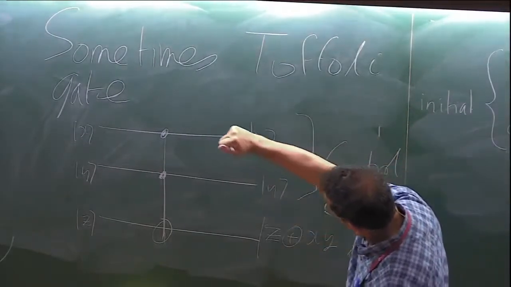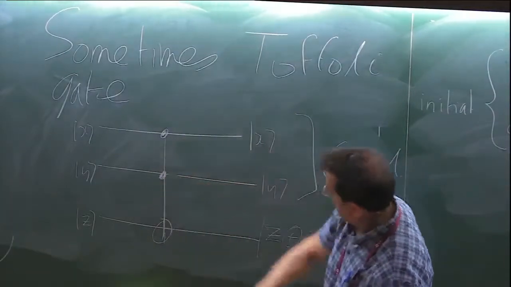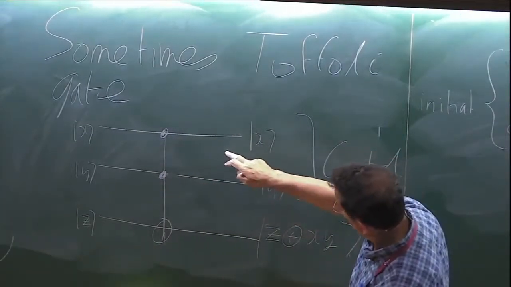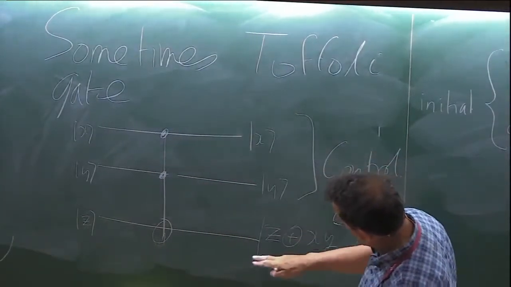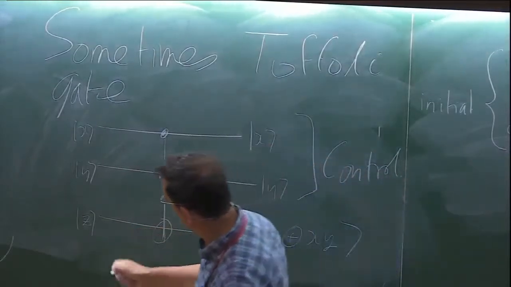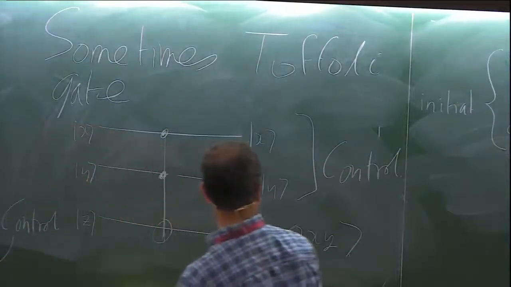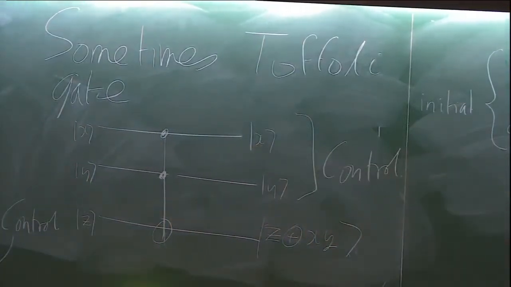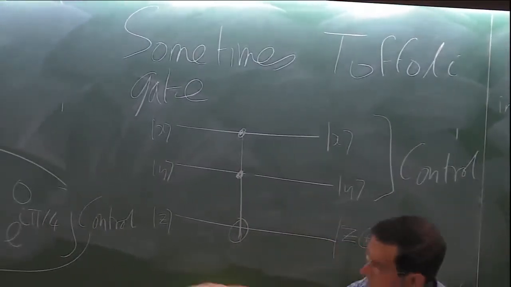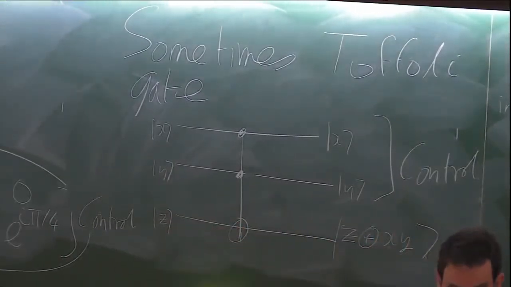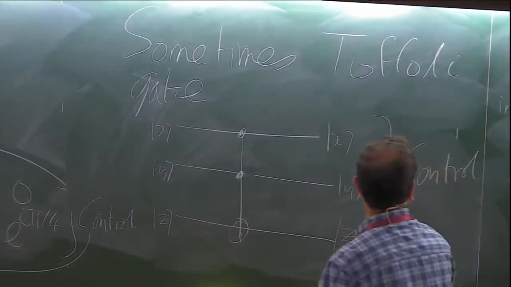Nothing happens unless both x and y are 1, and if that is the case, then the target qubit flips. Okay. So it's often convenient to use Toffoli gates, though this can be replaced by some sequence of these other gates, 1 and 2 qubit gates. Okay.